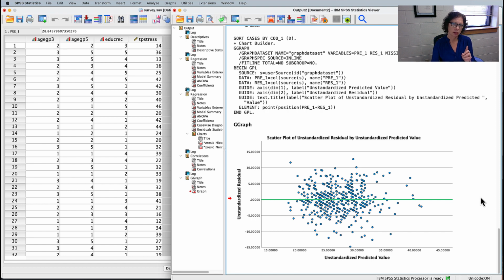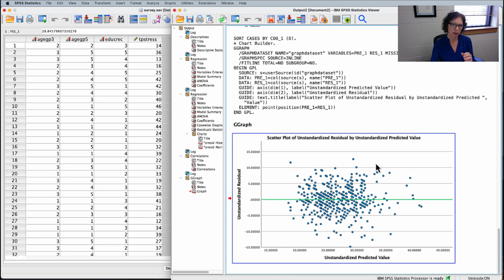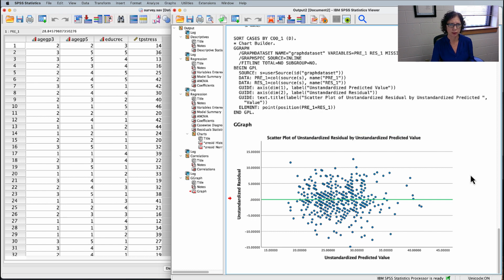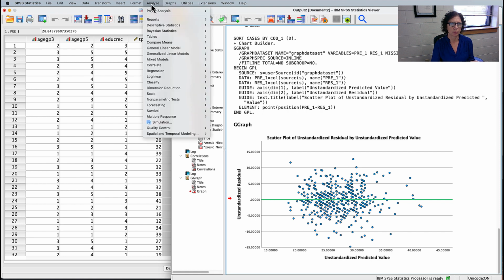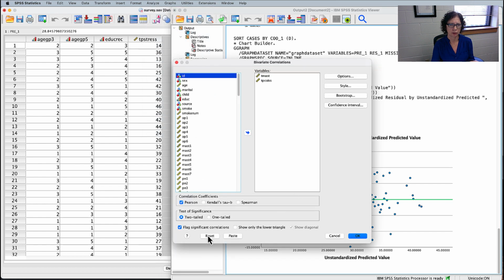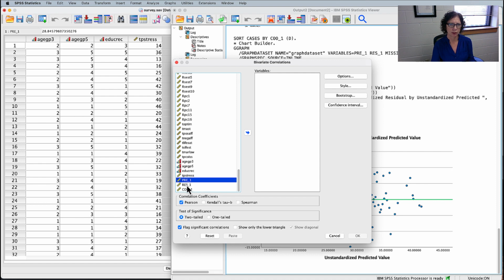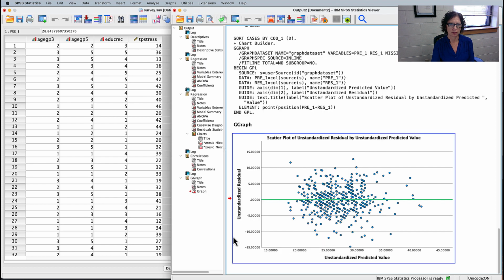Okay, and then the other thing we can check in terms of linearity is the correlation between these two. And that's just like the correlations we've run before. We go to Analyze, Correlate, Bivariate. I'm going to reset this, because now I want these two, the predicted and the residual, over here to see their correlation. So I'll paste and go to my syntax.